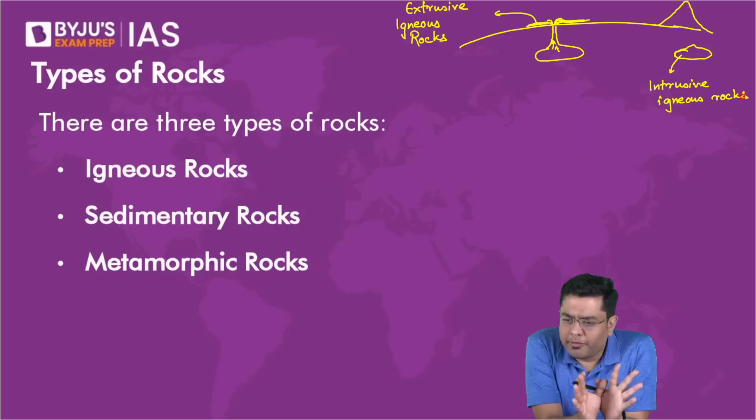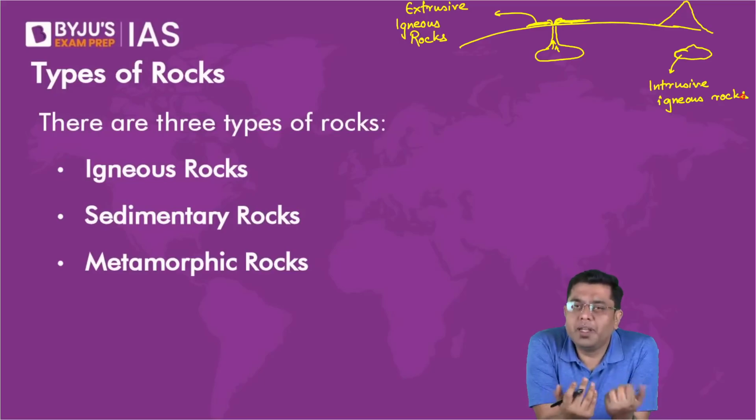So, majority of us, we have said that it is correct to say that they are the primary rocks. What do we mean by primary? Means the first kind of rocks. When the planet was solidifying, when the planet was getting created, during the phase of degasification, all the molten materials would come out and they would solidify.